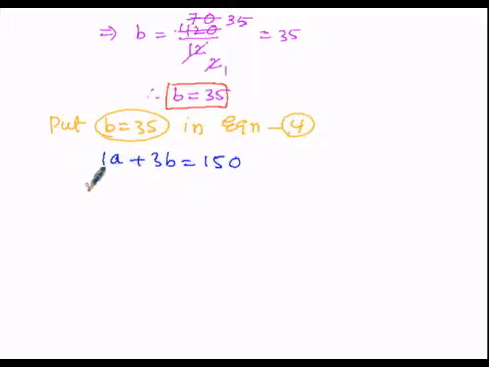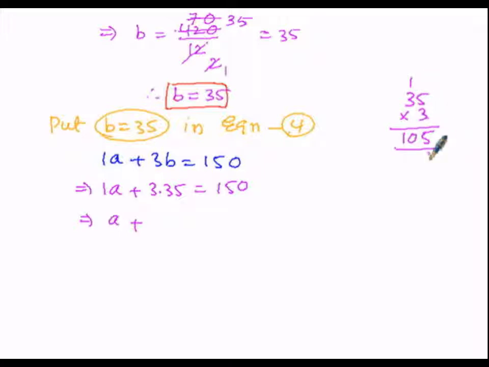That implies 1a written as it is plus 3 into the b value of 35 equals 150. So here I have substituted b as 35. So 1a is nothing but a plus 3 into 35. 35 times 3: 3 5s is 15, carry 1, 3 threes is 9 plus 1 is 10, so 105, plus 105 equals 150.